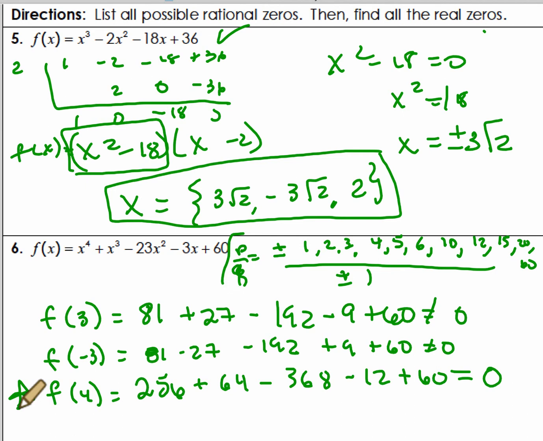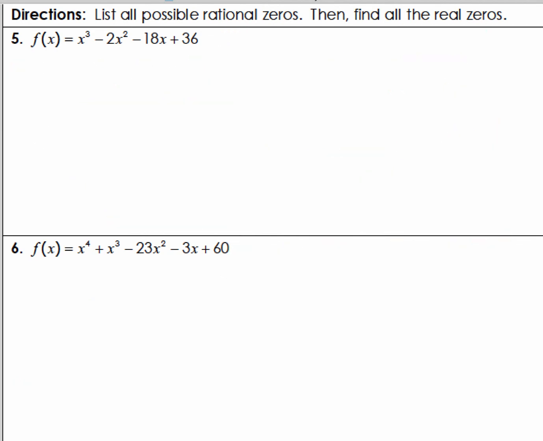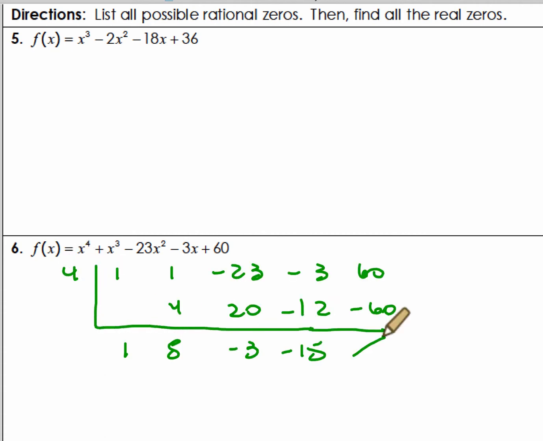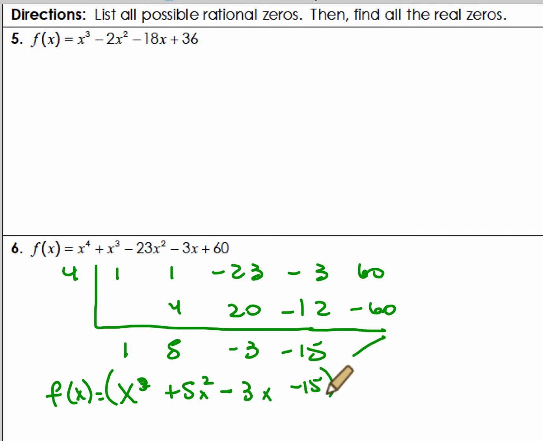Okay, so what does that mean? What it means is I know one of my zeros is 4, and I use synthetic division next. When I use synthetic division, I get that f of x is x cubed plus 5x squared minus 3x minus 15 times x minus 4.